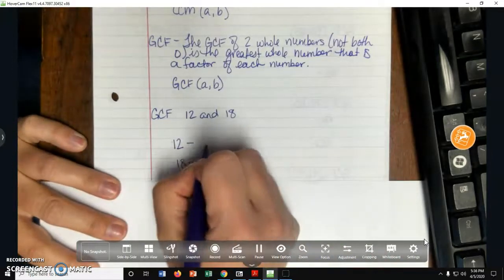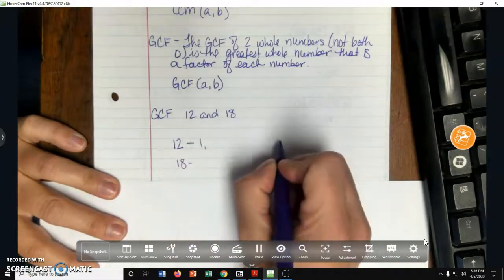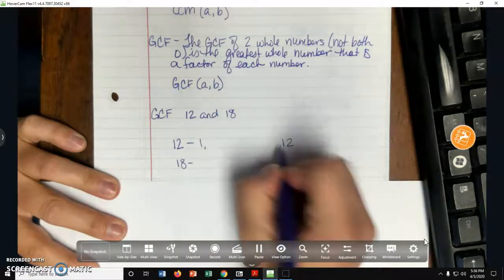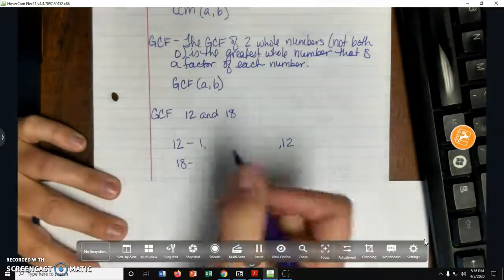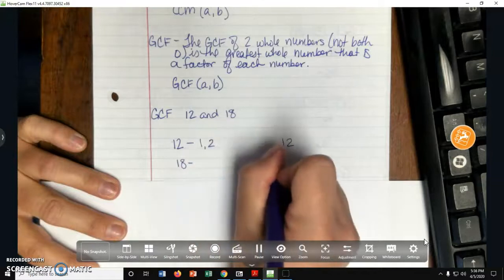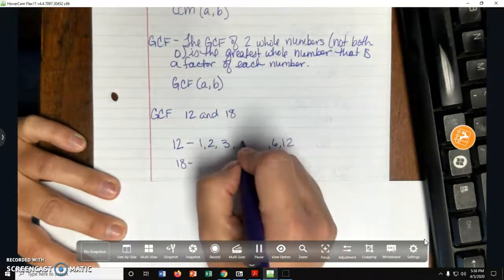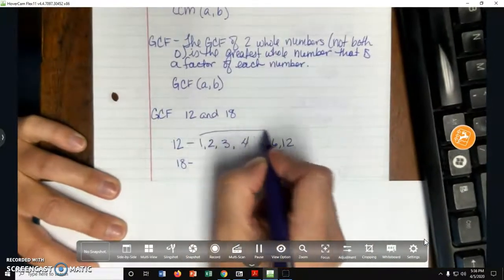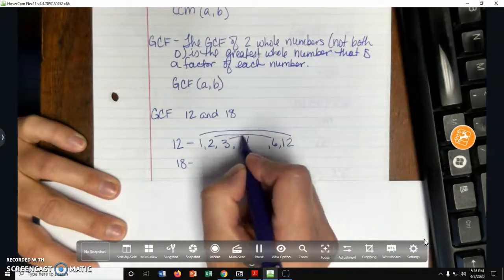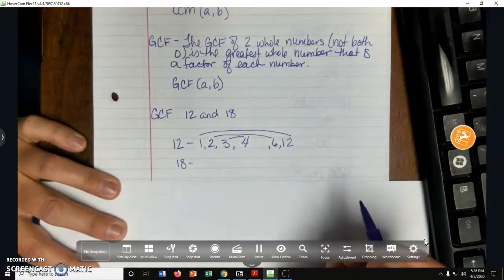All right, so my factors of 12, I always start with 1 and 12. All right, is 2 a factor of 12? Yes. 2 times 6 is 12. Is 3 a factor of 12? Yes. 3 times 4 is 12. Okay, so 5 is not a factor of 12, and then we're back to 6.